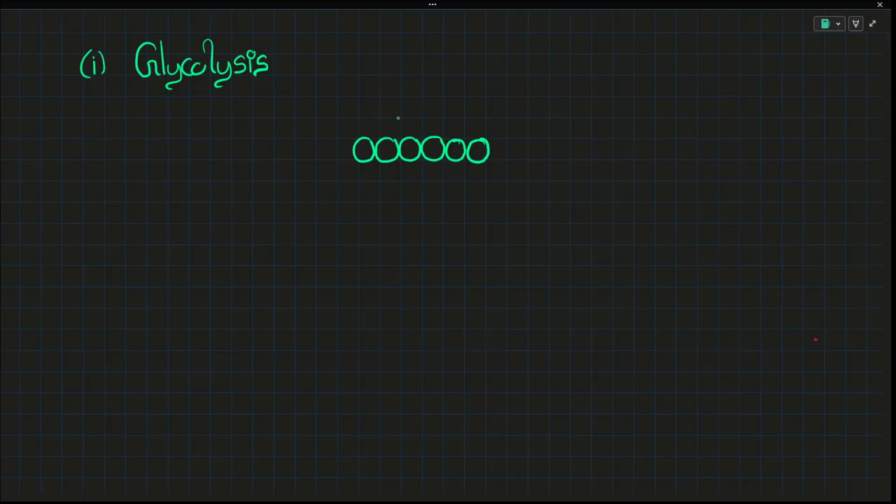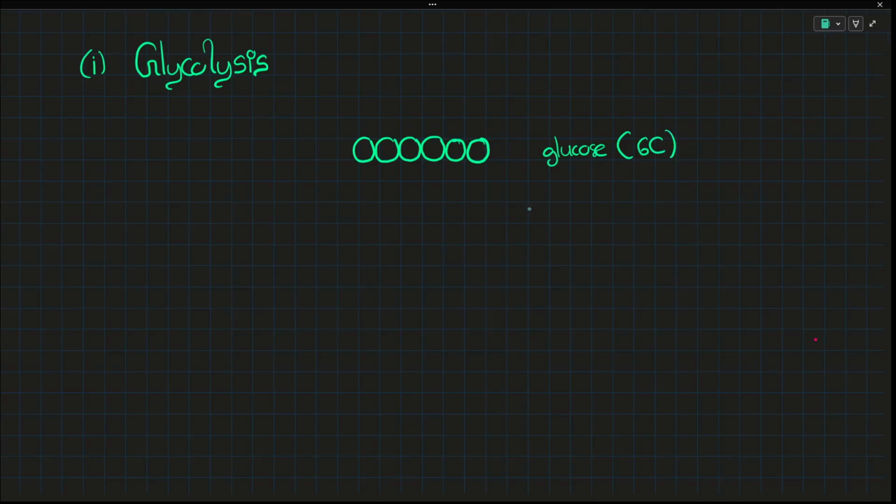That is clearly 6 carbons. Henceforth, a circle will always represent a carbon atom. Please keep that in your mind. So let's actually label this. That is glucose, and that is a 6-carbon molecule.